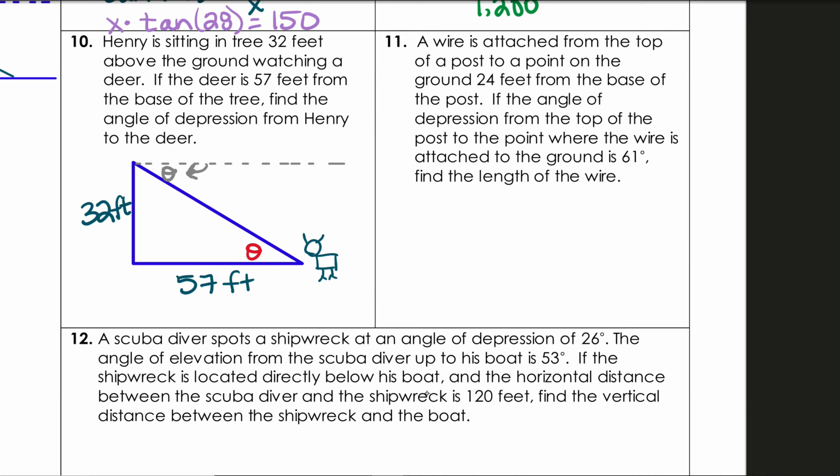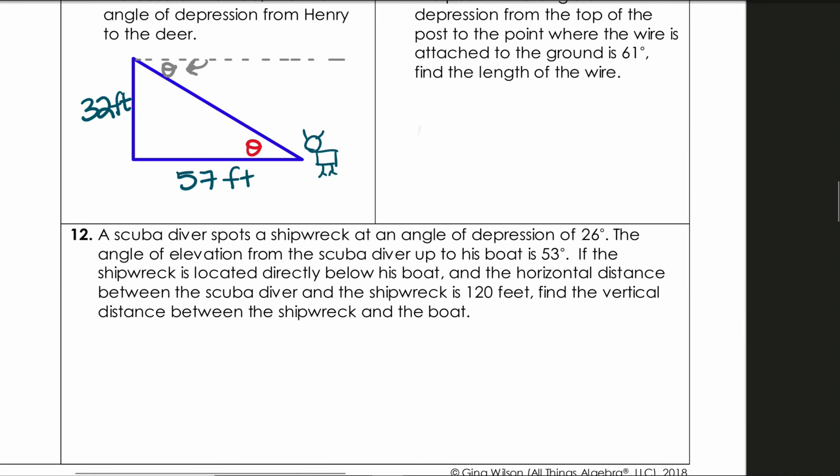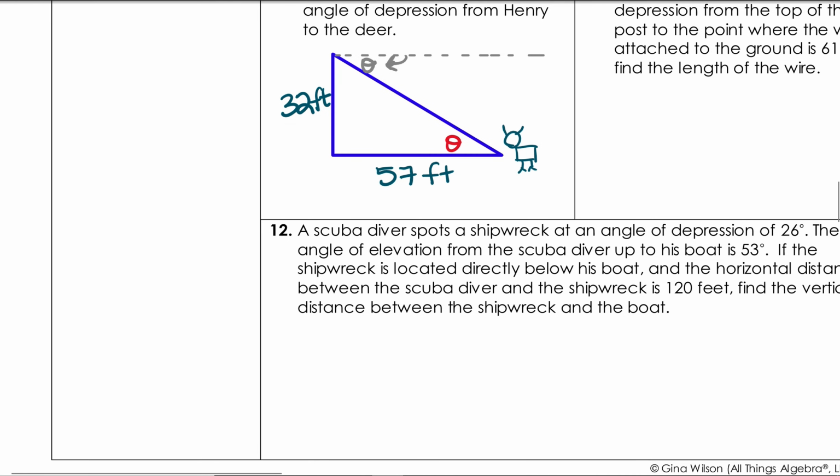So if I base it off the angle of elevation, I have opposite and adjacent, so this would be tangent. Since we know we're looking for the angle, this is going to be inverse tangent. And we'll show that math right over here. So tangent of this angle is going to equal the opposite 32 over the adjacent 57. Now, we don't want tangent of the angle, we just want the value of the angle. Well, the way you undo this tangent is to multiply it by its inverse.